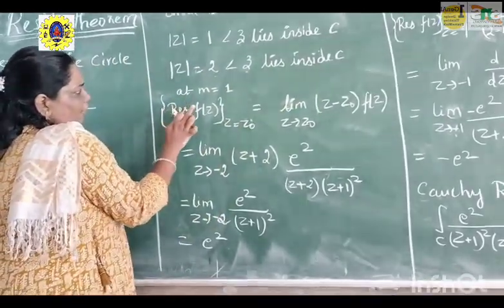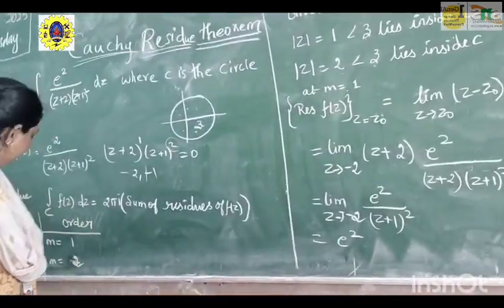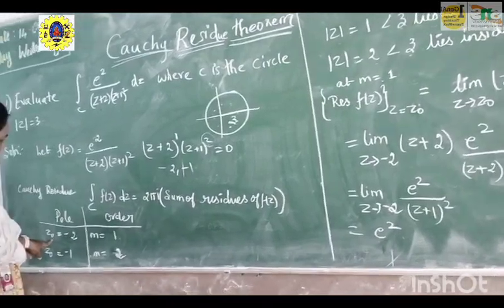Now we find the residue at m equal to 1, where the pole is z0 equal to minus 2.